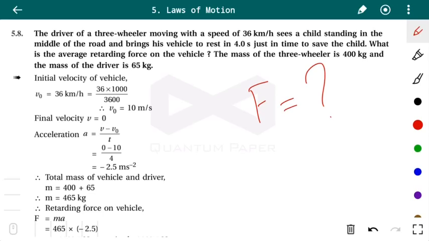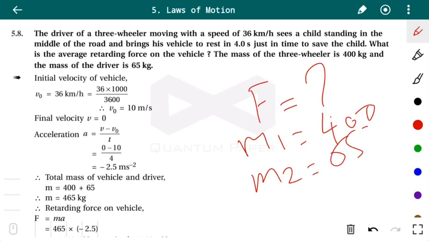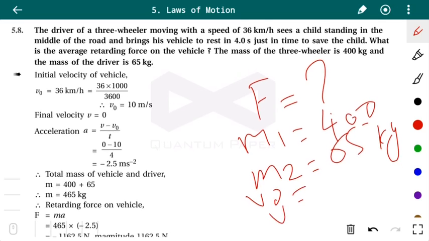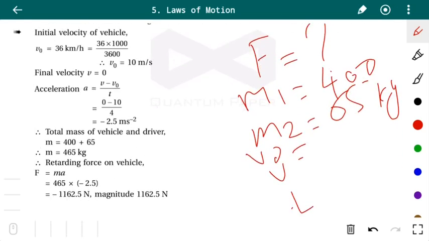The mass of the three-wheeler is 400 kg and the mass of the driver is 65 kg. So we are given M1, that is 400. Let us consider M2 as the mass of the driver, that is 65 kg. So we are given this data: M1, M2, V0, V and T. So we need to find F, so we can use the equation F equals ma.